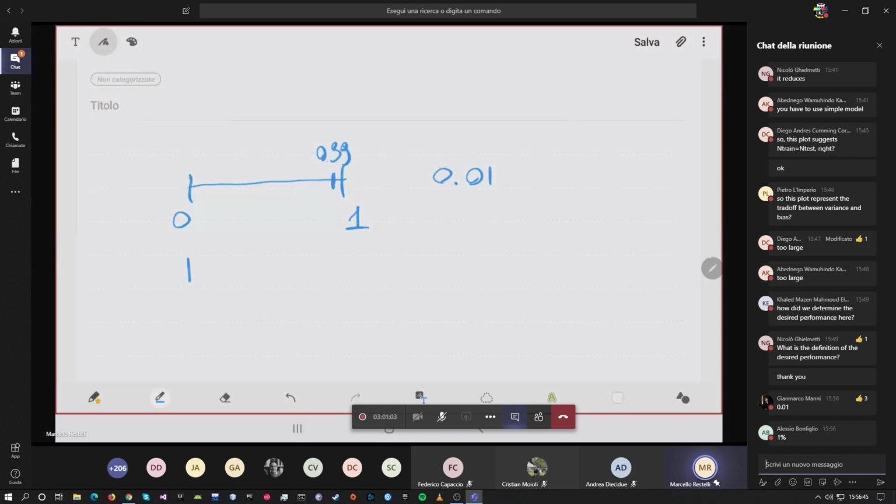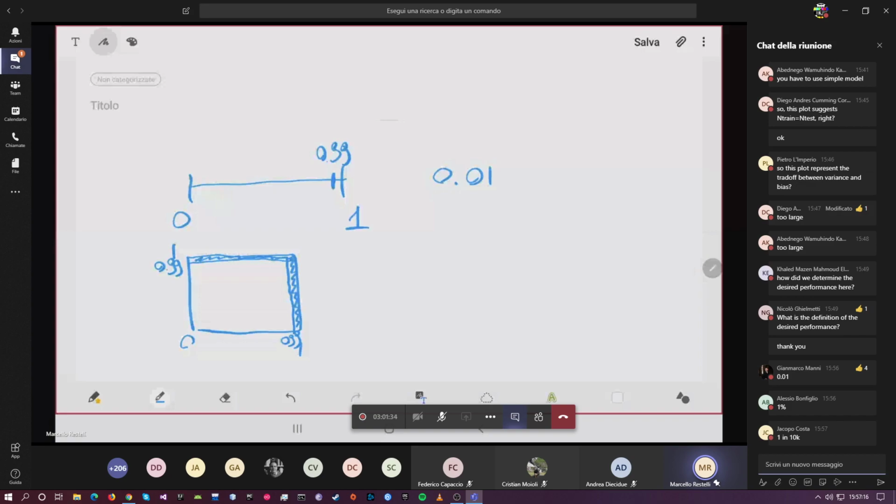Perfect. Now let's try to do the same reasoning in a square. Okay, 0, 1, 1. You have this region 0.99, 0.99, and so now you have this region here. Now, what is the probability that by sampling a point uniformly at random in this square, you will fall in this region there?